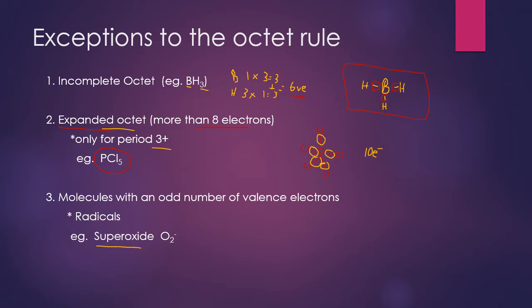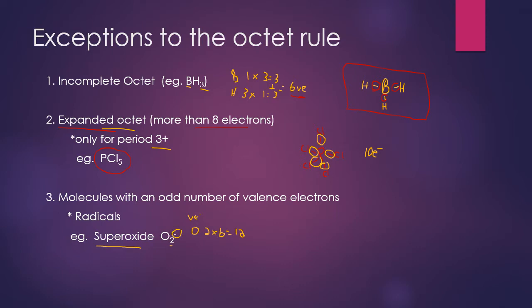So we have 2 oxygen atoms. Let's start with our valence electron count. So we have oxygen, 2 of them. Since they're in group 16, they have 6 valence electrons to contribute to the cause. That gives us a total of 12. But remember, if there's a charge, we have to take that into account too.